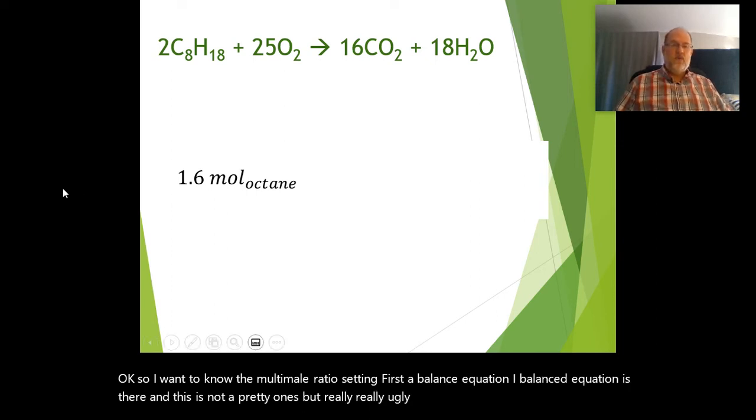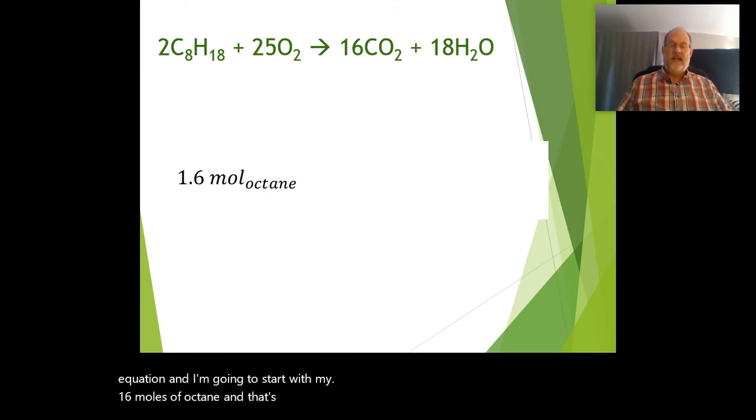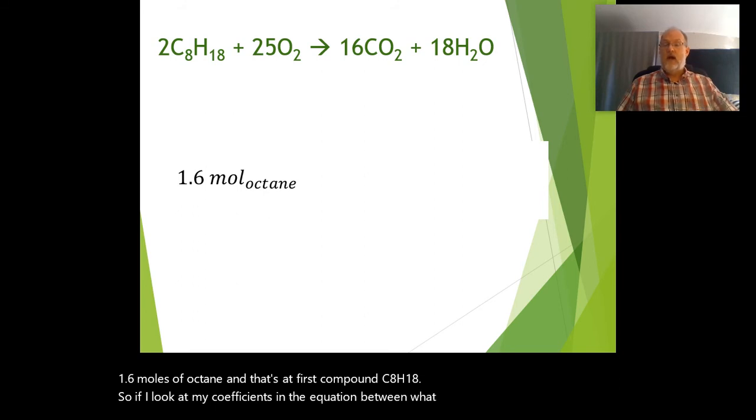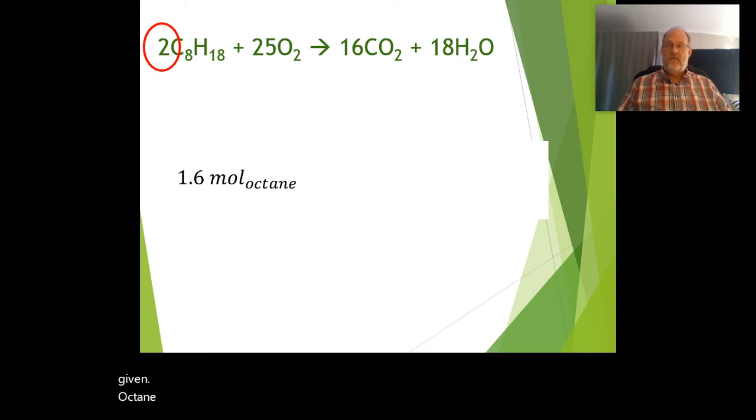But I have my balanced equation, and I'm going to start with my 1.6 moles of octane, and that's that first compound, C8H18. So if I look at my coefficients in the equation between what I'm given and what I'm asked for, I'm given octane, and I'm asked for the amount of oxygen. So I need a 25-to-2 ratio.